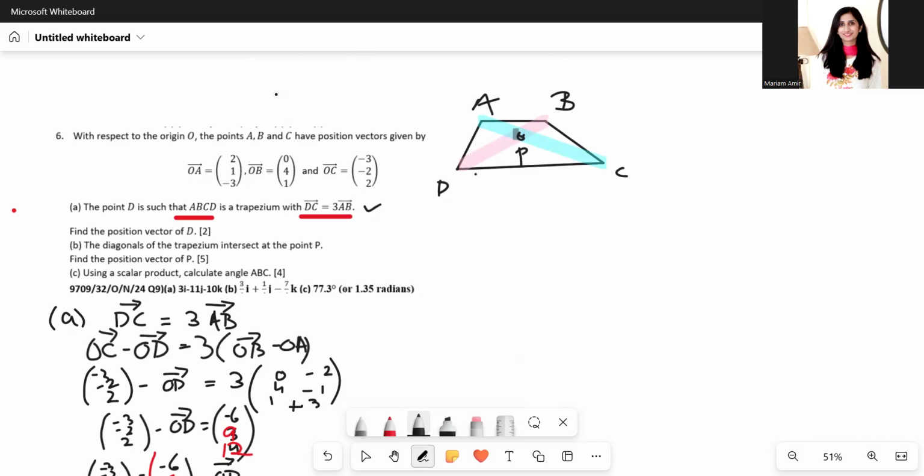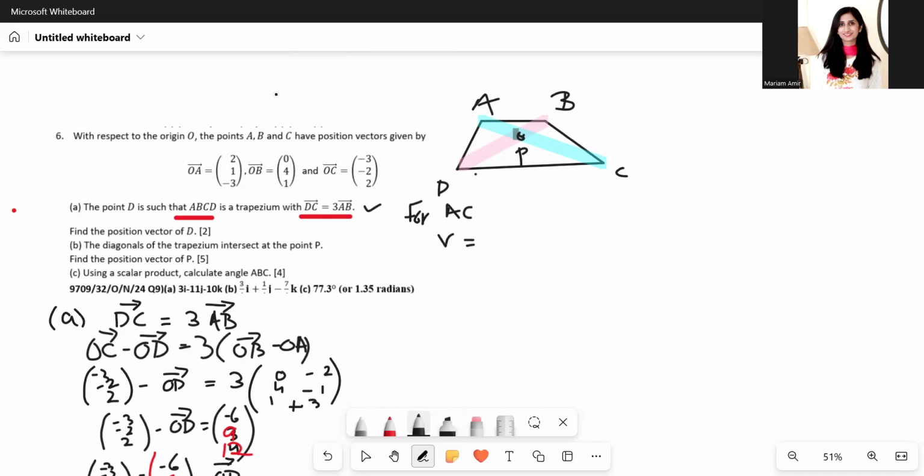Okay, let's start. So I'm going to form the vector equation for AC first.